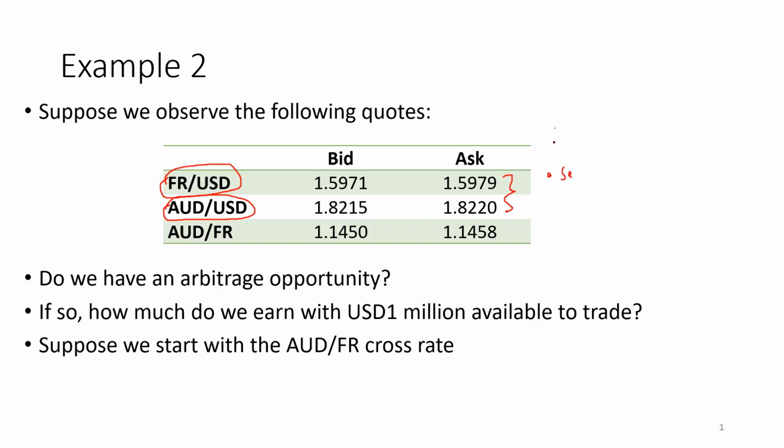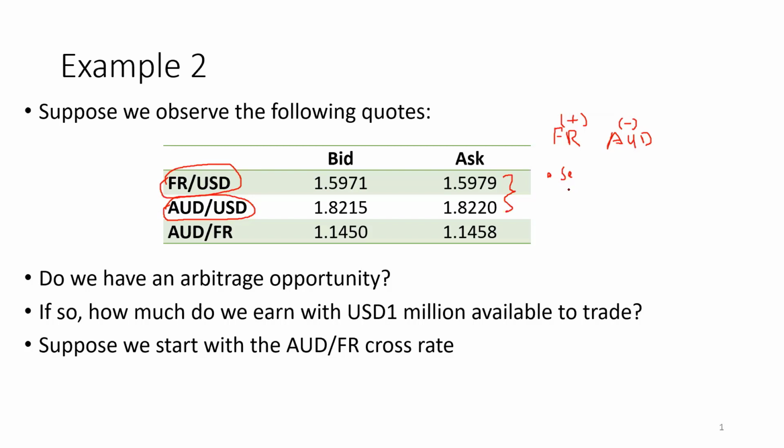I'm just going to write what we want here so that we know what we're doing. I want to exchange the Australian dollars for the franc through the first two banks. So in this transaction, I want to acquire the franc and exchange for it using the Australian dollars, okay?